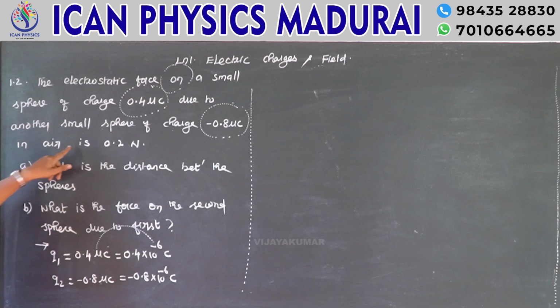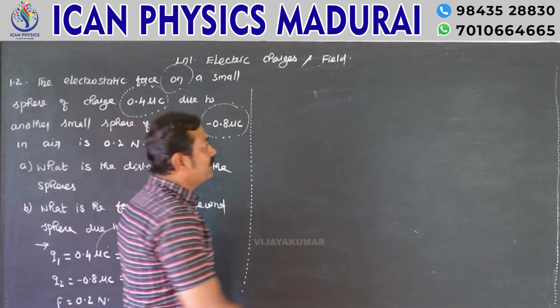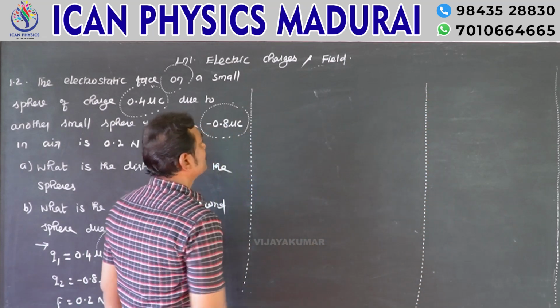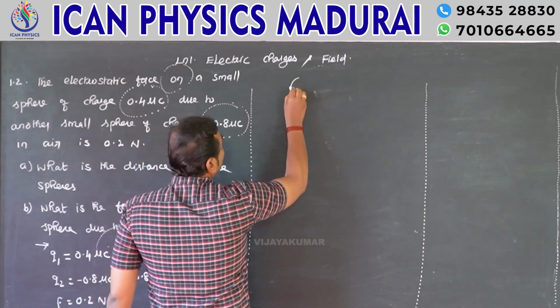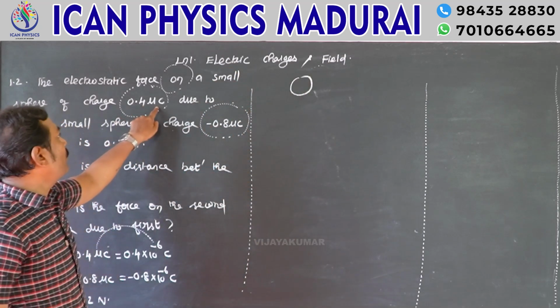Now, in air the force is 0.2 Newton. So F equal to 0.2 Newton. What is the distance between the spheres? So we have to calculate the distance. How are we going to calculate the distance? Let us consider a sphere of 0.4 microcoulomb.